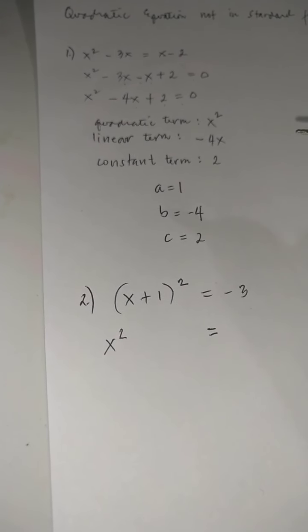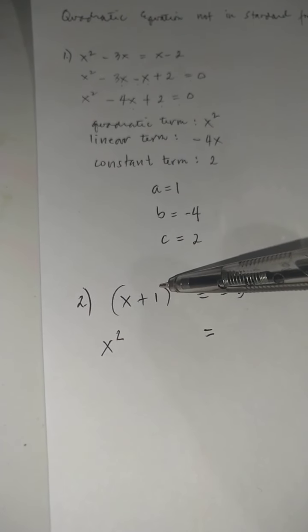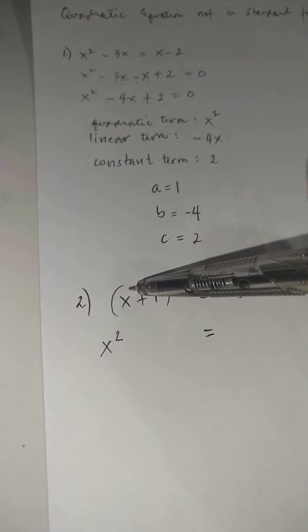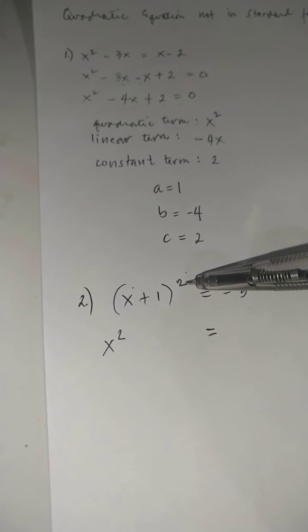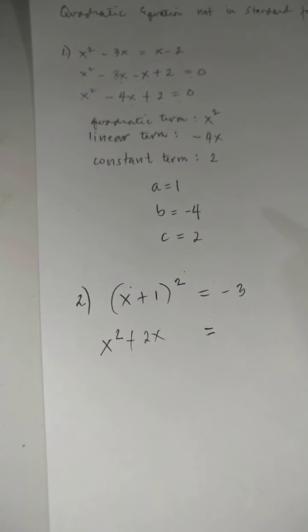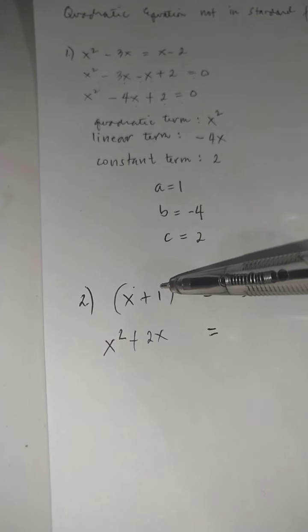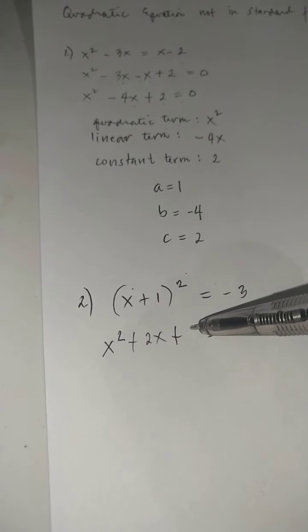What is the product of the first term, the second term, and the exponent? That is x times 1 times 2. So the answer is positive 2x. Next, what is the square of the second term? What is the square of 1? That is 1.